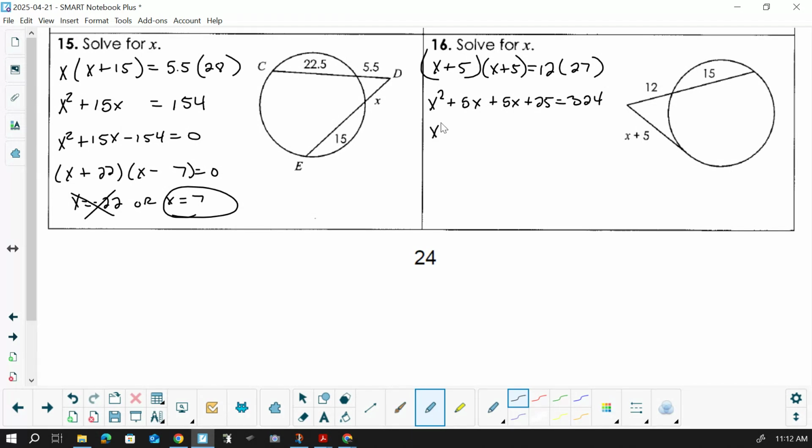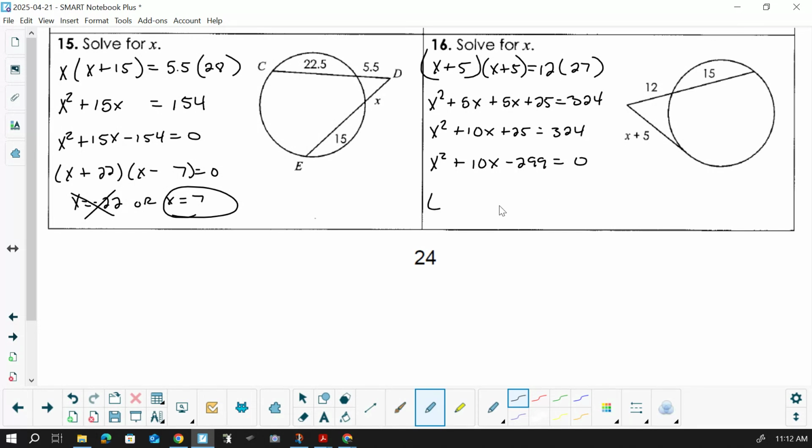Combine our like terms, x squared plus 10x plus 25 equals 324. Subtract that 324 from both sides, and we get x squared plus 10x minus 299 equals 0.